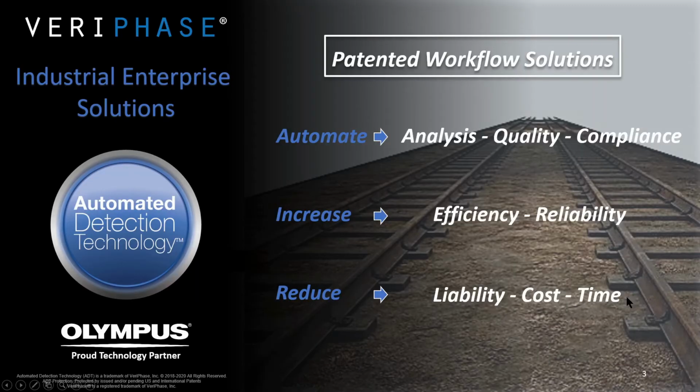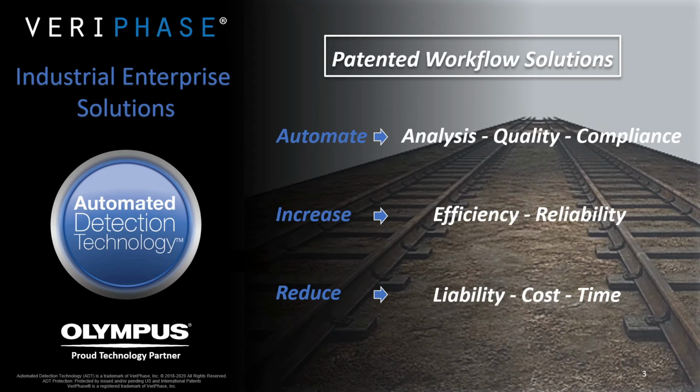So when we design this, either the off-the-shelf ADT product that you can buy and apply to your weld inspections today, or we're coming in and providing an industrial enterprise solution for a high volume manufacturer, what we try to do is improve that whole workflow that happens within a phased array inspection, especially focused on the analysis and reporting side after the data is collected, in order to increase the chances that the inspection is of the highest quality possible.